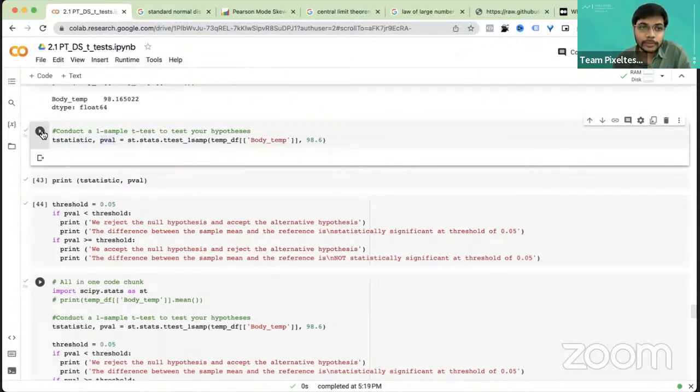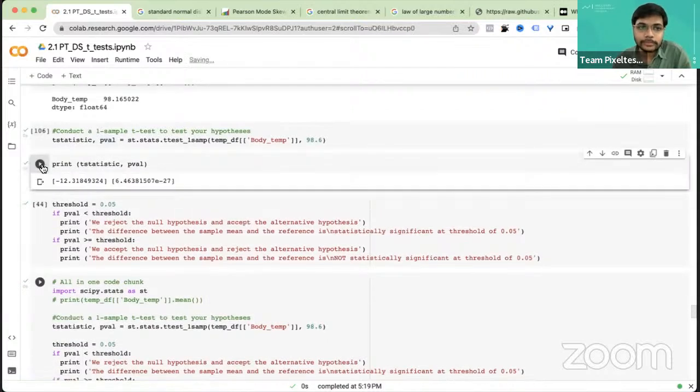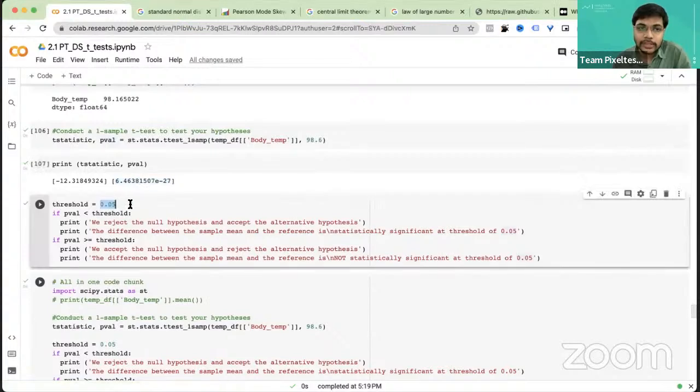So let me run it. Now let's see what we have in these two variables. We have the same numbers, t statistic being minus 12 and the p-value being 6.46 times 10 to the power minus 27. Now it is always difficult for us to check if it is less than the significance value. We know that the threshold, the significance value, is 0.05.